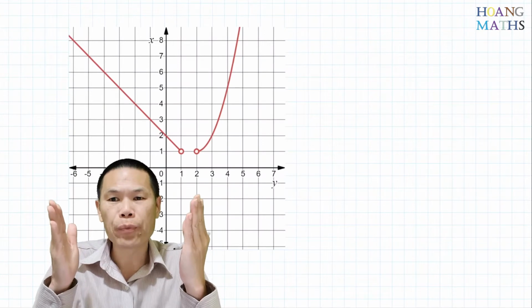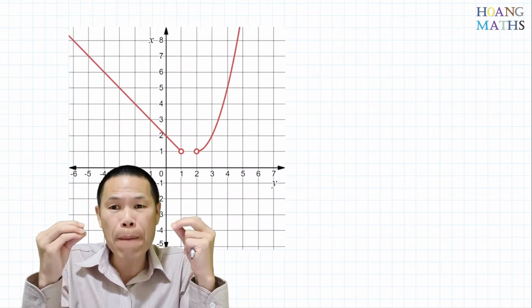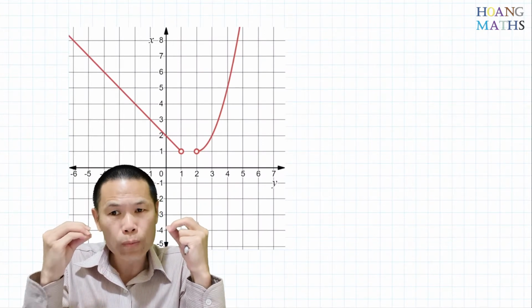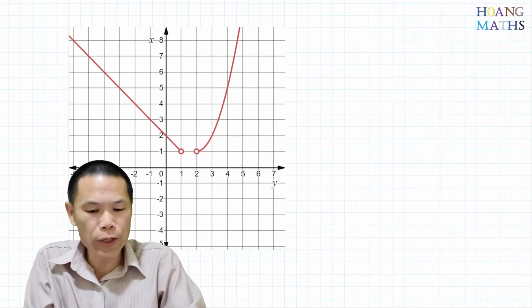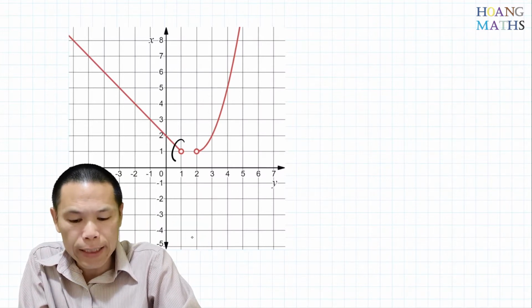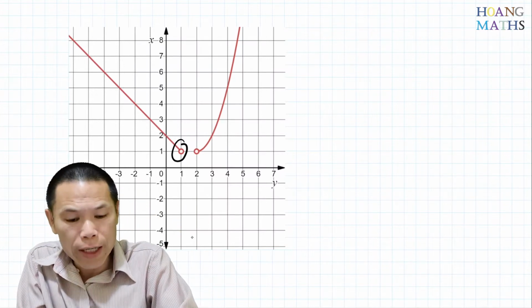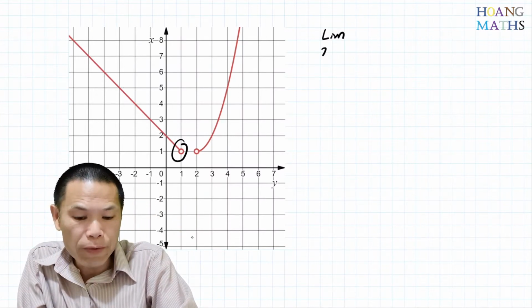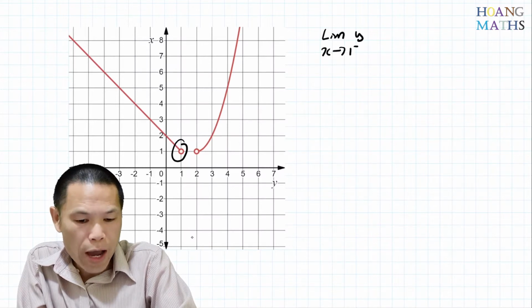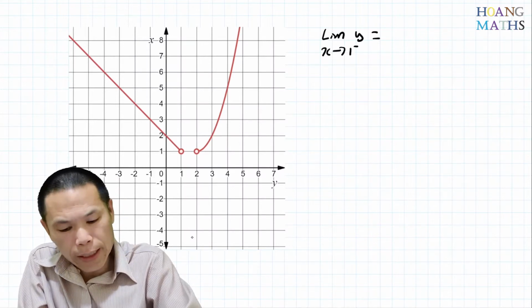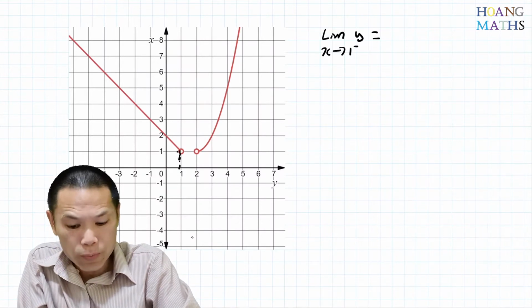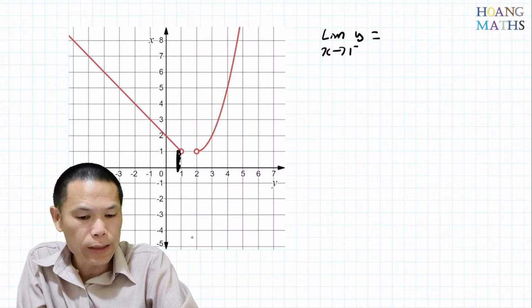Now, the second one. If I want to find out what happens when x approaches 1, you can see that the limit at 1 doesn't exist. If I find the limit as x approaches the left-hand side of 1, y equals 1.